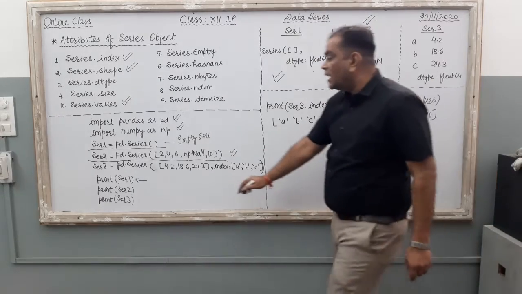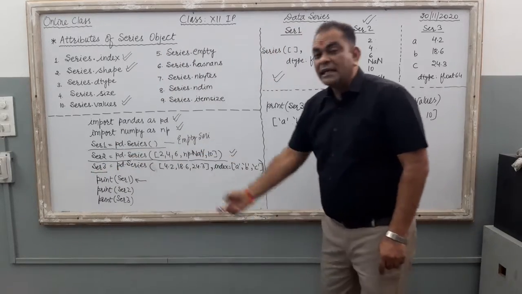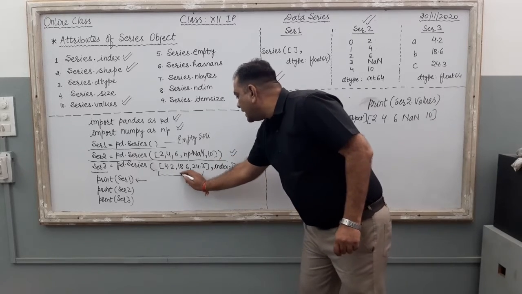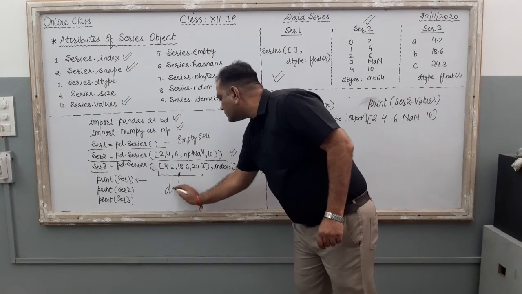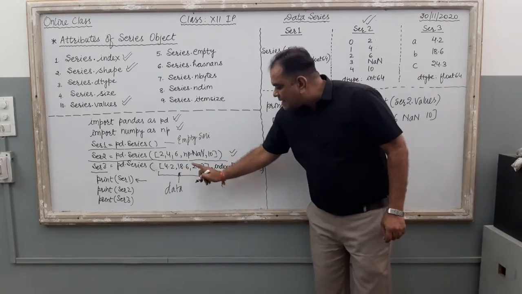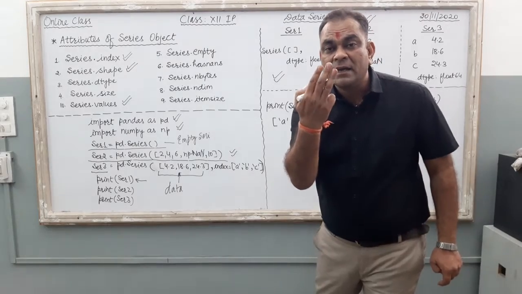Now just check the third line SCR3. What is there in SCR3? pd.Series, the same command. Here this is the data part. क्या दिया मैंने डेटा? 4.2, 18.6, 24.3. तीन डेटा एलिमेंट, डेटा आइटम मैंने सप्लाई किए.